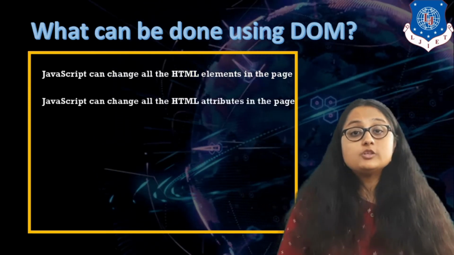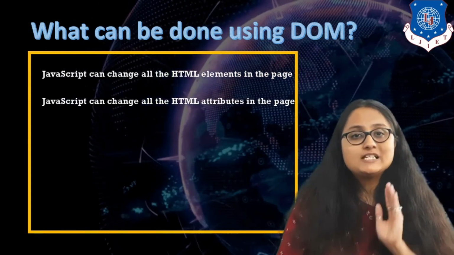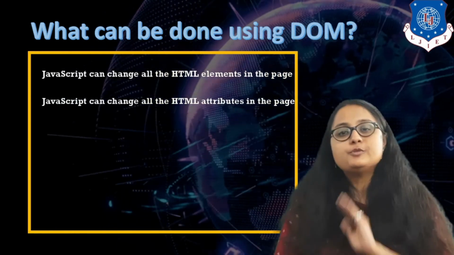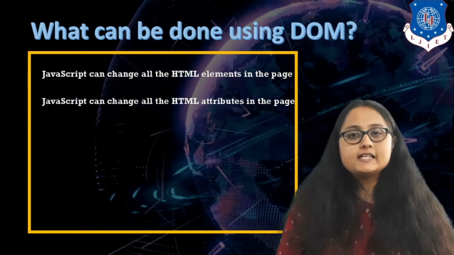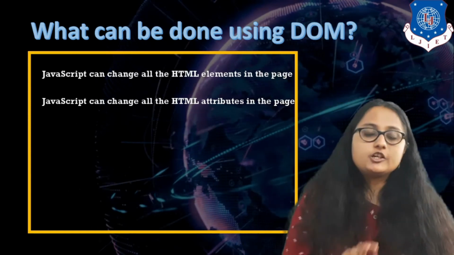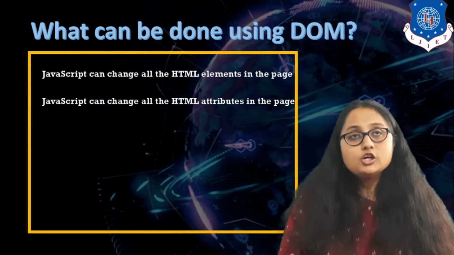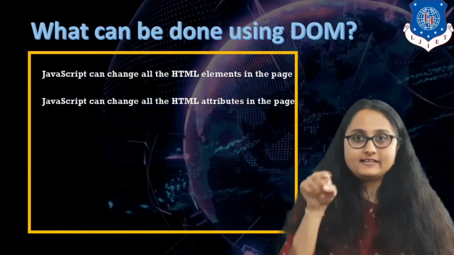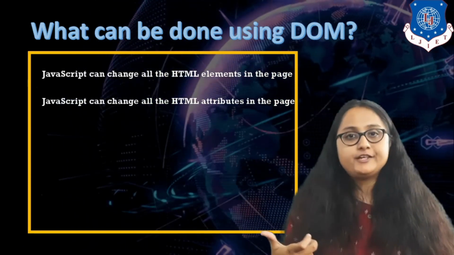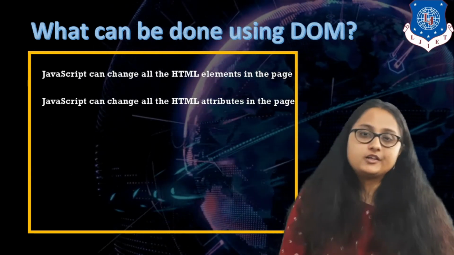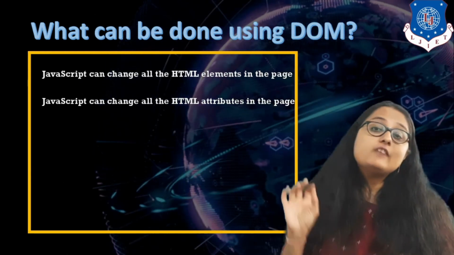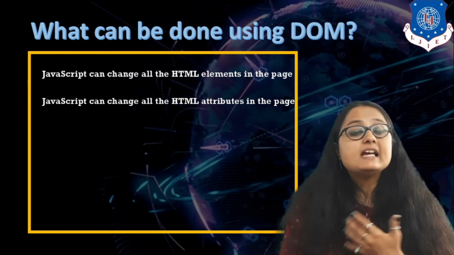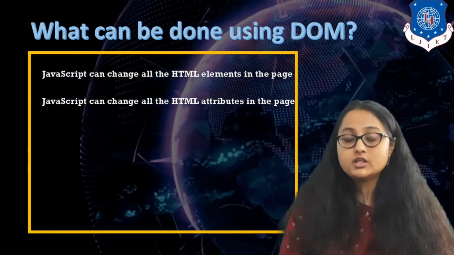The second thing you can do via using DOM is you can change all the HTML attributes in a page. You know that there are certain attributes which are related to every tag, right? So for example, you have a tag, that is anchor tag. You have href attribute which is related to anchor tag. You can change the value of this attribute dynamically using document object modeling.